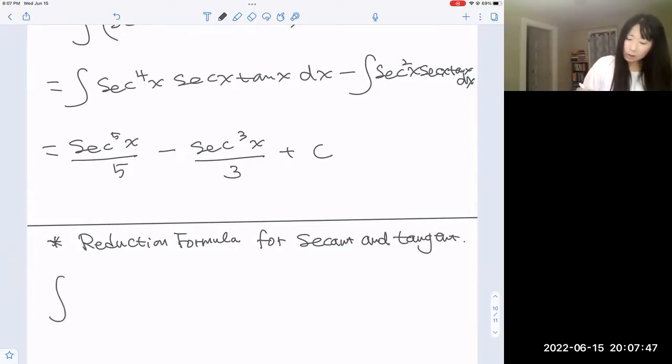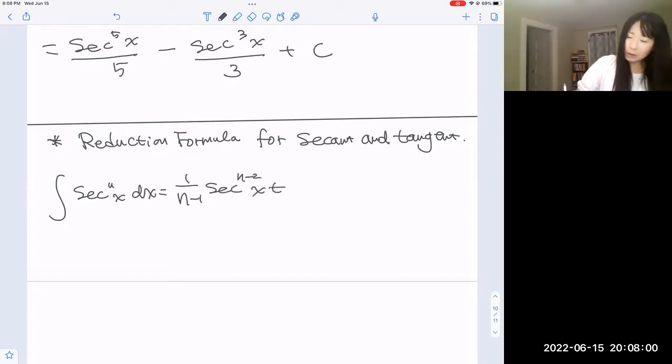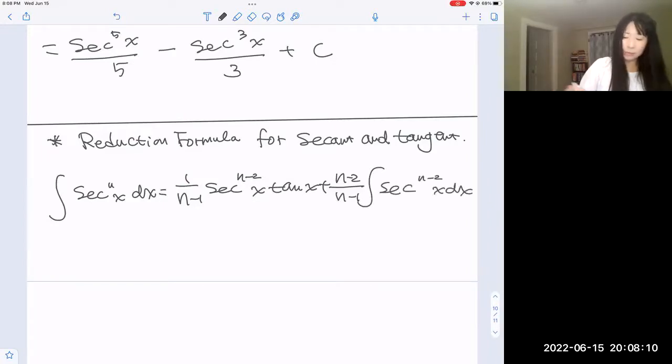All right, so we have secant to the n power, and we have 1 over n minus 1, secant to the n minus 2, tan x plus n minus 2 over n minus 1, integral of secant n minus 2 x dx.